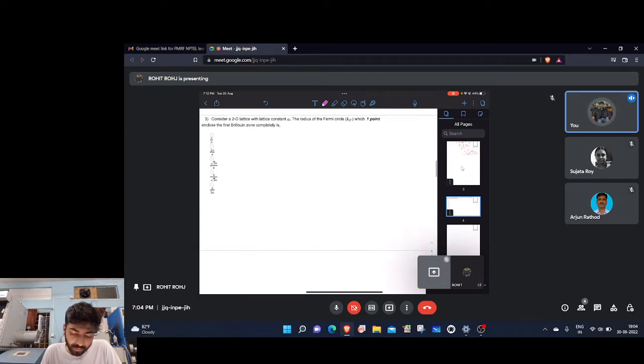Now question number 3, let's do it. Consider a two-dimensional lattice with lattice constant a, and the radius of the Fermi circle which encloses the first Brillouin zone completely is... Now let's draw a two-dimensional lattice.